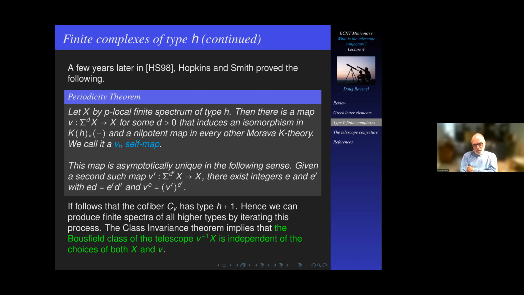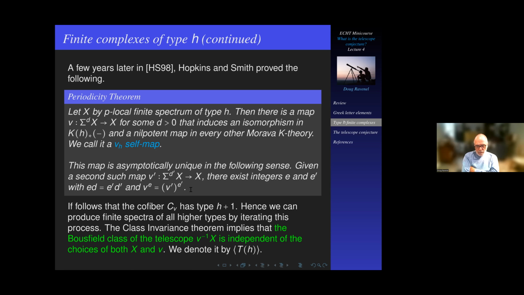And the class invariance theorem implies that the Bousfield class of the telescope associated with this map is independent of the choices of both X and v. In other words, you could start with any p-local finite spectrum of type h. Any one will do. And you could pick any self-map provided by the theorem, and the Bousfield class of the telescope that you get will be the same. And we'll denote this Bousfield class by bracket T(h).